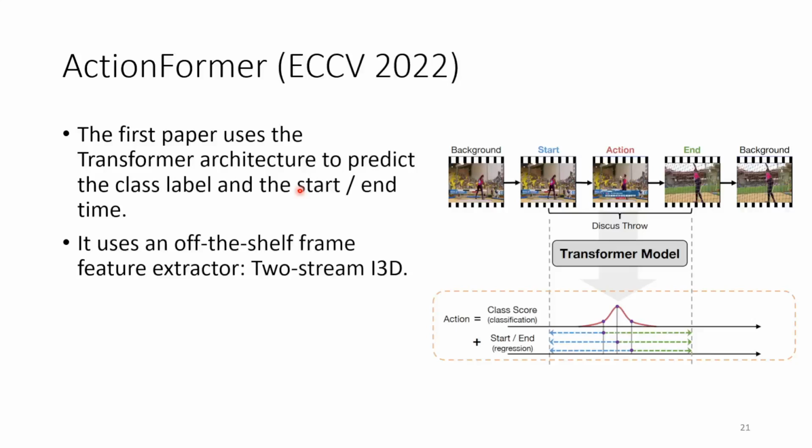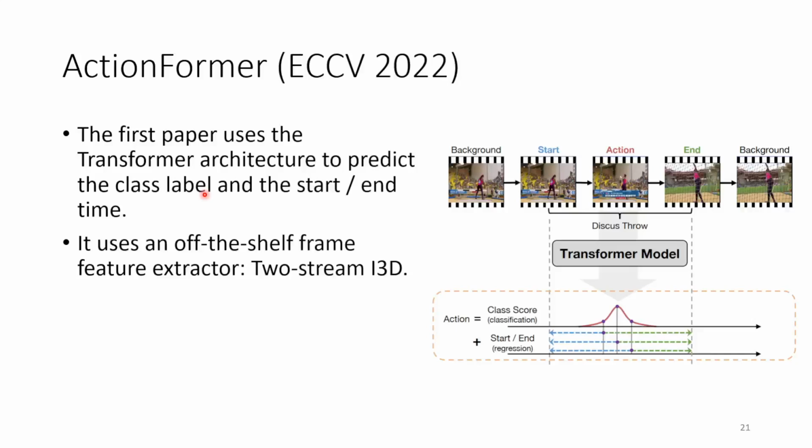Why is this paper important? Because it is the first paper to use the transformer architecture to predict the start and end time and the class level. So this is the first transformer-based temporal action detection method.